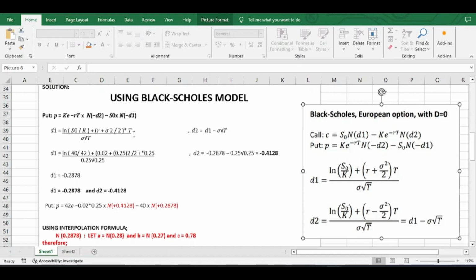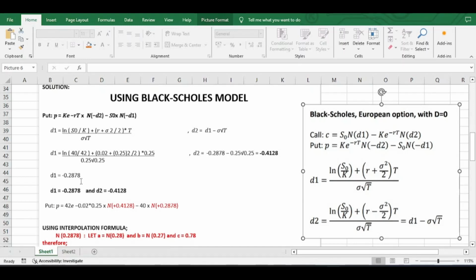Multiply by the time, 0.25, which is 3 by 12. Divided by the volatility, 0.25, times the square root of 0.25, and that gives you the value of D1, which is negative 0.2878. Make sure to note your answer up to 4 decimal places.